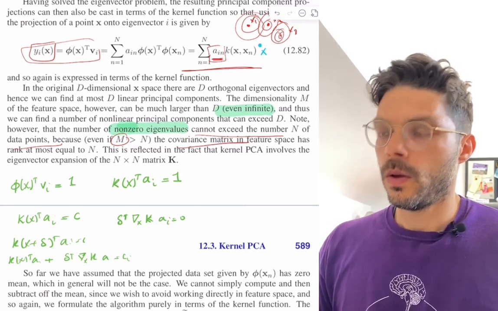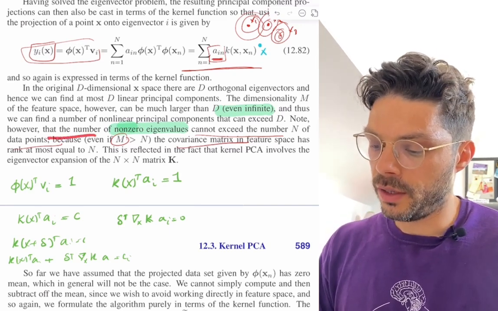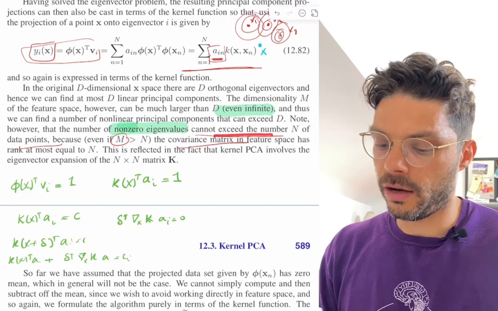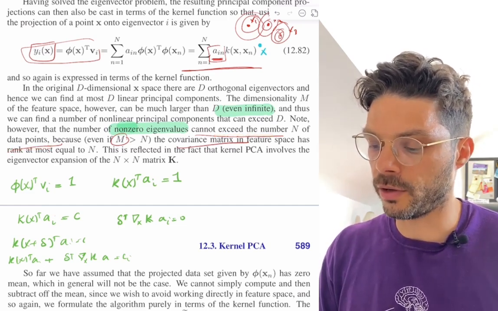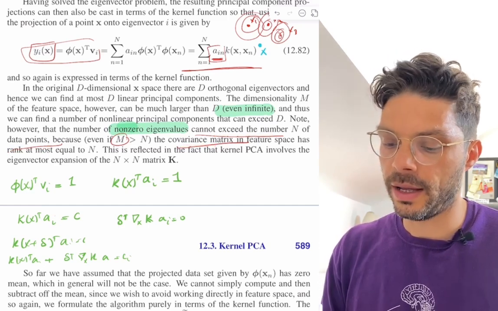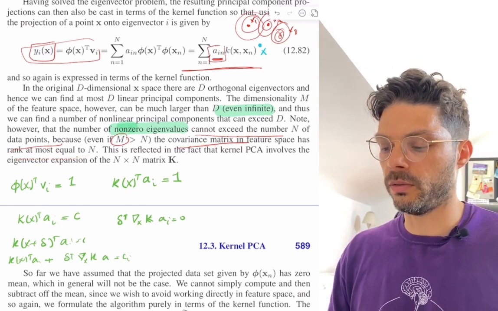So it says, note, however, the number of non-zero eigenvalues cannot exceed the number n of data points, because even if the dimensionality of feature space is greater than n, the covariance matrix in feature space has rank at most equal to n.